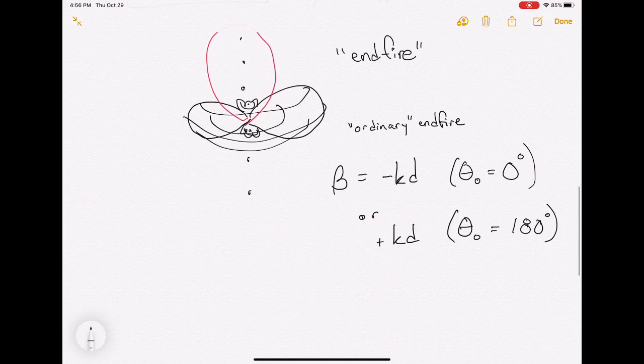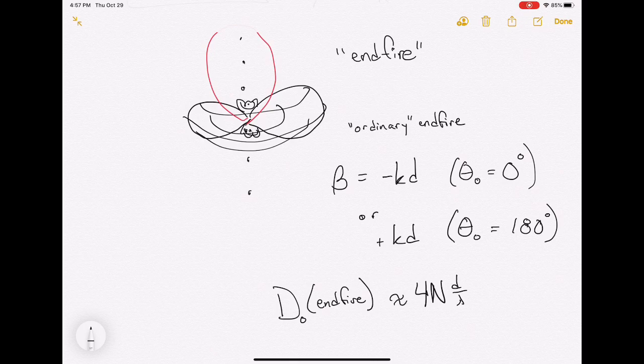The directivity of an ordinary Endfire array, again, under the same circumstances where you have a large number of elements and a small spacing, that directivity for Endfire is approximately 4Nd over lambda.